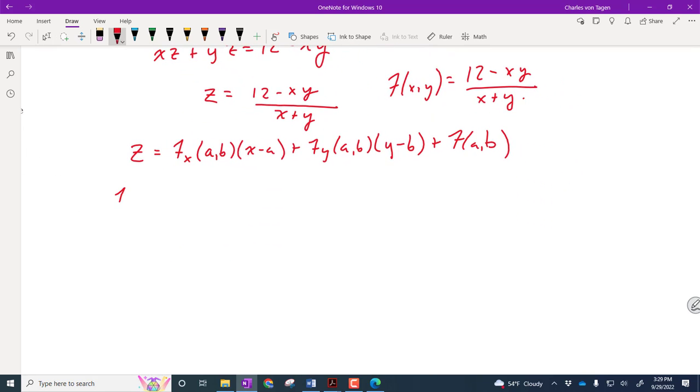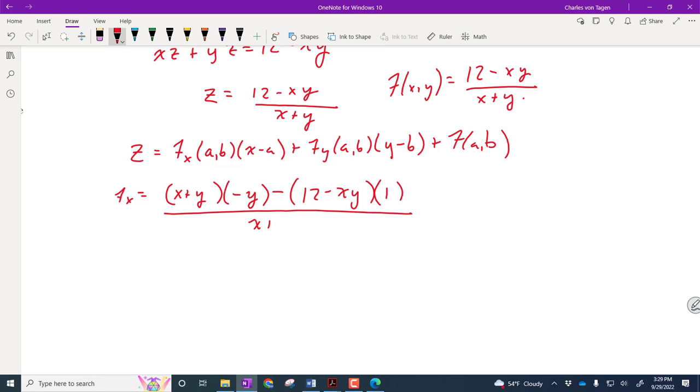So if we go to compute f sub x, what am I going to have to do in this case, folks? Compute f sub x. It's kind of a bummer. I have to do the quotient rule. So the quotient rule says you take the bottom function times the derivative of the top function minus the top function times the derivative of the bottom function all over the bottom function squared.